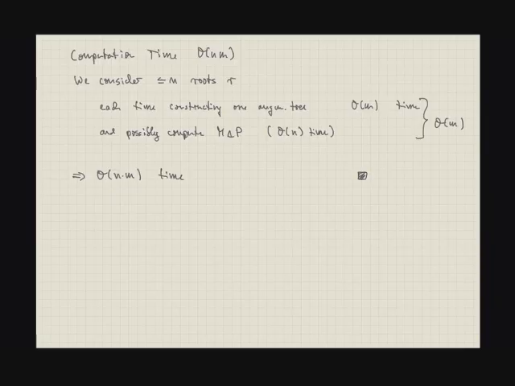So the claim is that the computation time of our matching algorithm is order n times m, n number of vertices and m number of edges of the graph. And why is that? Remember what the algorithm does in the outer loop. We are going through all the possible vertices of the graph, which we consider as possible root nodes of an alternating tree. So that's at most n vertices that we are considering.